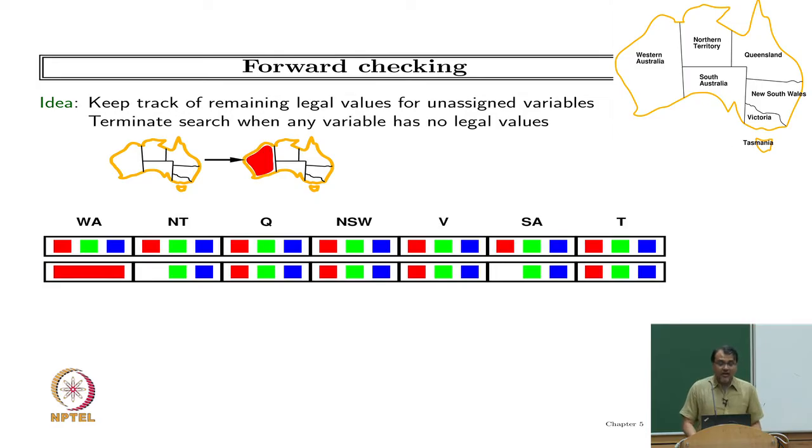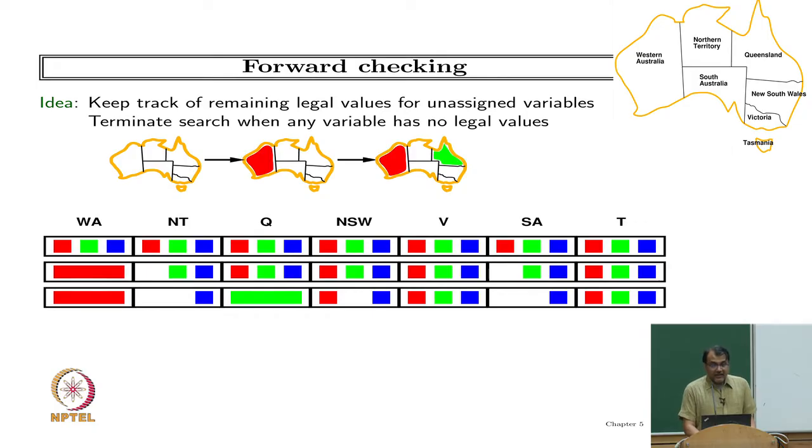Now, let us say we assign Queensland green. We remove green from Northern Territory and from South Australia. This is called forward checking.